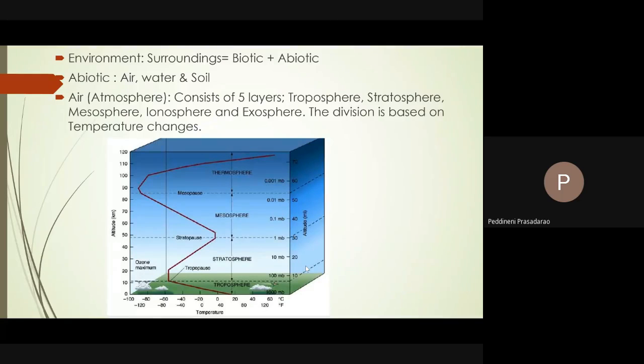Of course, majority of you may be coming from life sciences, so you will be knowing the biotic component, the life systems. The abiotic component, as we see, is air, water and soil, or you can also call them atmosphere, hydrosphere and lithosphere.